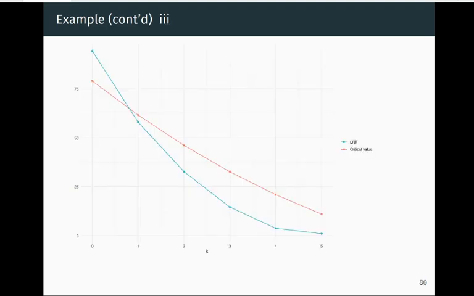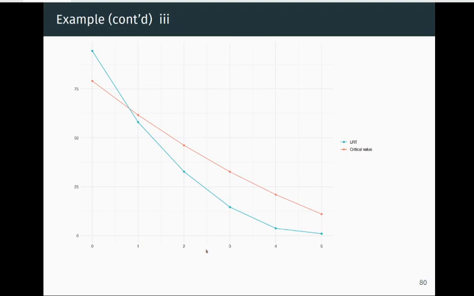To clarify things a little bit, we can look at a graphical summary of what's going on. Here on the x-axis, I have k, going from 0 to 5, and on the y-axis, it's the value of the test statistic and the critical values.